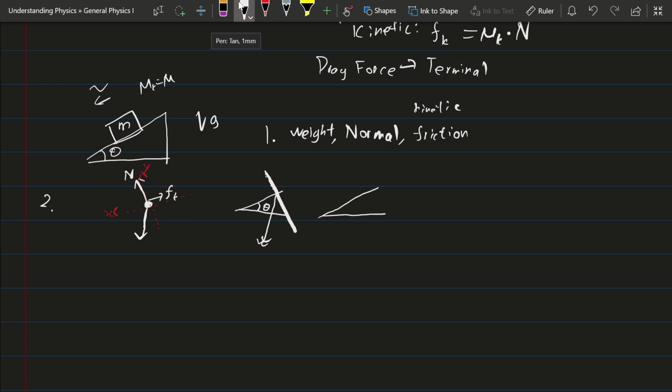There's weight going downwards, and this one is at a right angle. You can see there is a right angle here, and also a right angle there. But here's the most important part. If that is theta, we know that this one should be 90 minus theta. Therefore, this angle should also be theta. So we know that the angle from here to here will be theta.